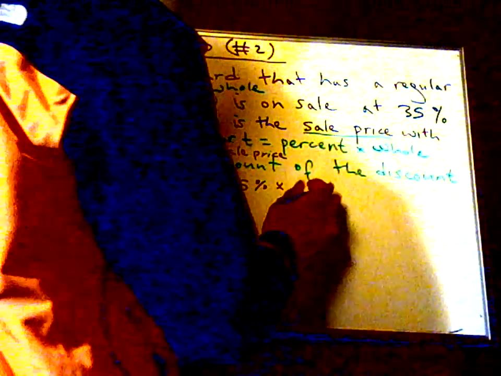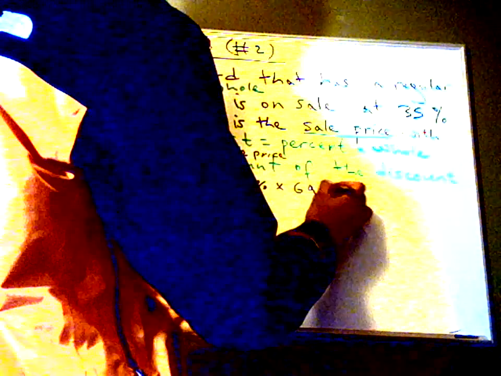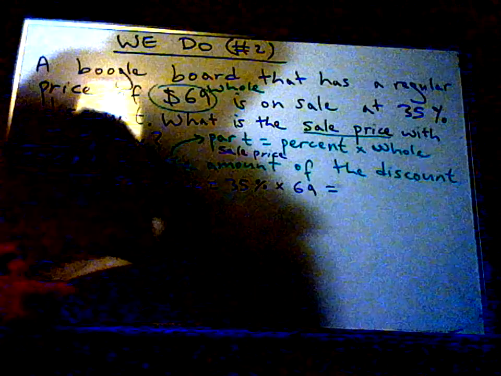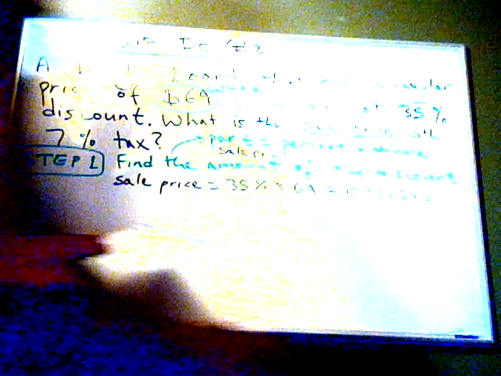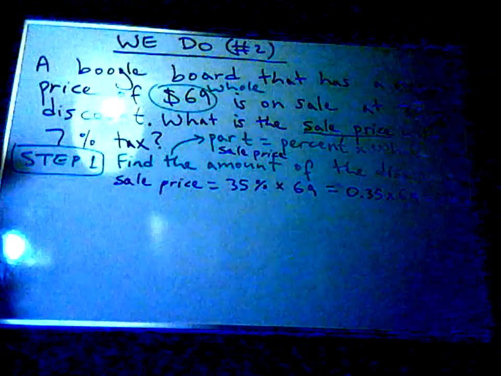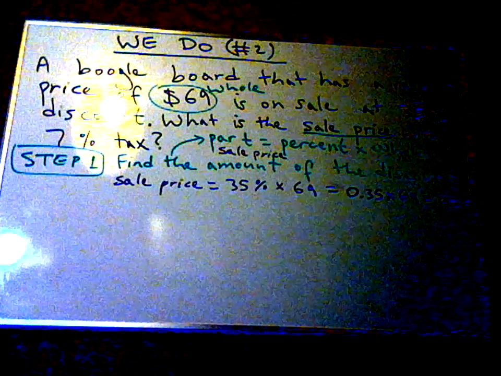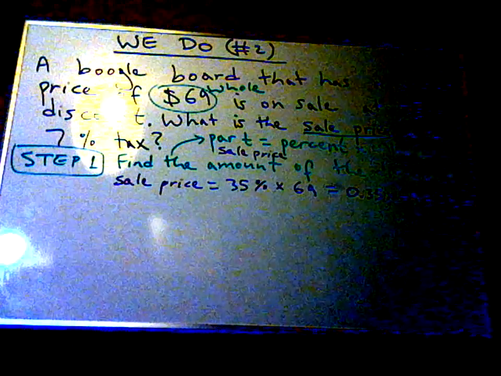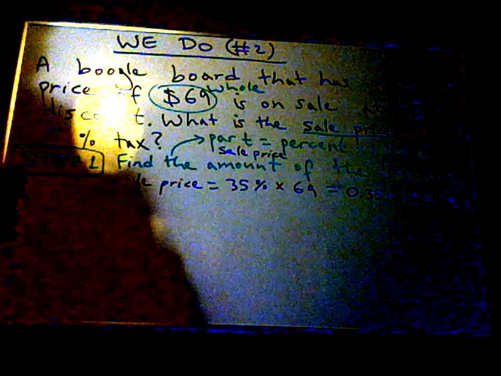I'm going to leave the dollars out for now, which is just going to be 35% is 0.35 times 69, which if we do that, we will get 24.15. But this is not the sale price, sorry, I made a mistake.